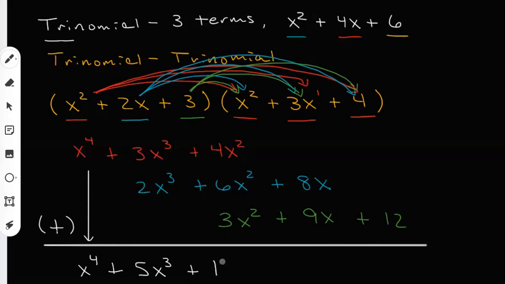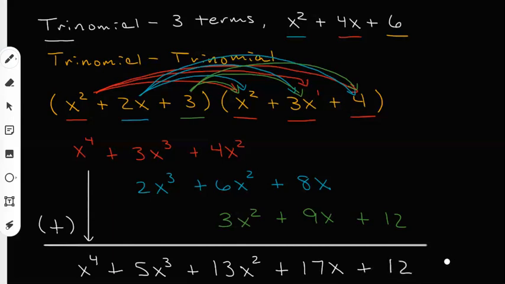So I'm going to get 13x squared. Keep that x squared the same. And now we add up the x's next. 8x plus 9x is 17x. And then the last thing I need to do is bring down my 12 because it doesn't really combine with anything, so I can just bring it down the way it is.